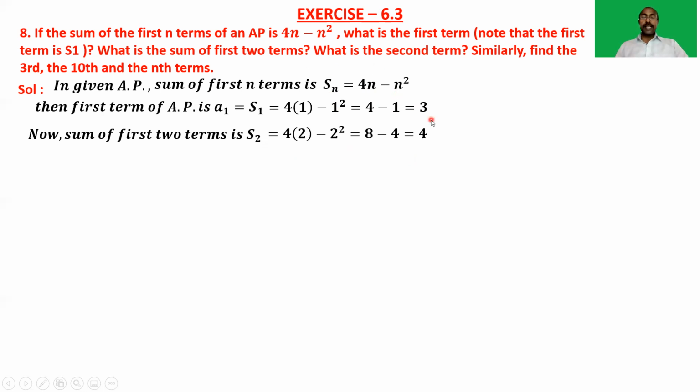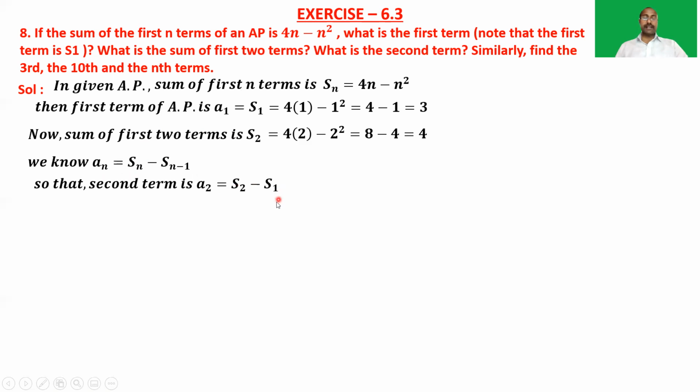We know that An is equal to Sn minus Sn minus 1. That is, subtracting the sum of n minus 1 terms from the sum of n terms, we are left with the nth term An. In that way, the second term A2 is equal to S2 minus S1.